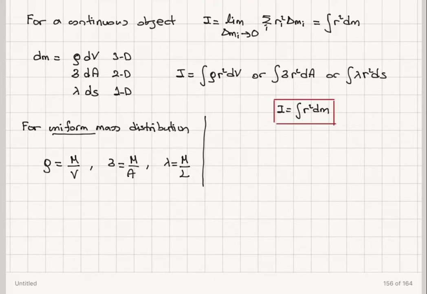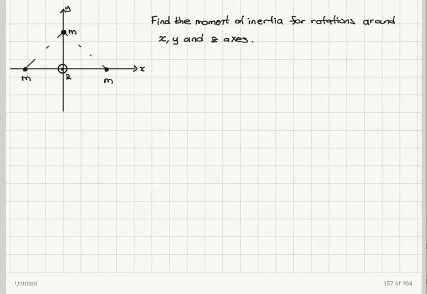Okay, now we're going to see how we can calculate the moment of inertia of several different mass configurations. We're going to start out with a simple case, a discrete mass distribution. Here I have 3 point masses.